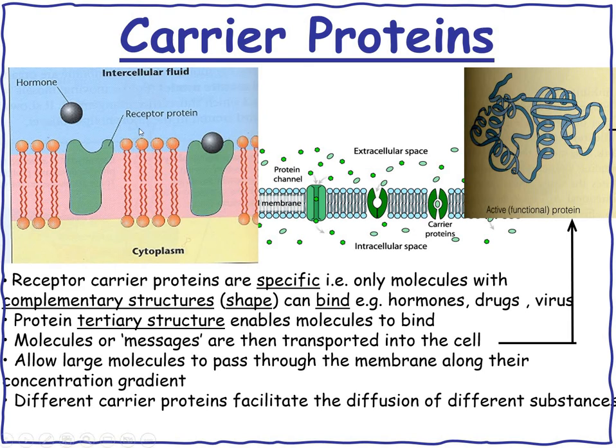So molecules or messages are then transported into the cell. Another thing is they can allow large molecules to pass through the membrane, such as glucose, along their concentration gradient, and different carrier proteins facilitate the diffusion of different substances.